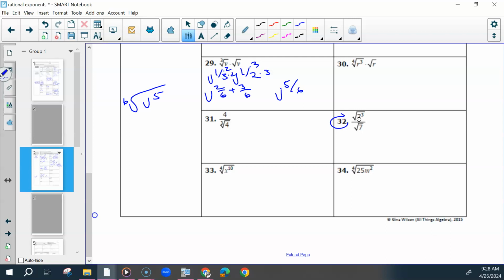So your fraction is going to have something to do with the 2 in it. That's going to be in your denominator. The exponent is going to be in your numerator, using our index of 2 and our exponent of 3.